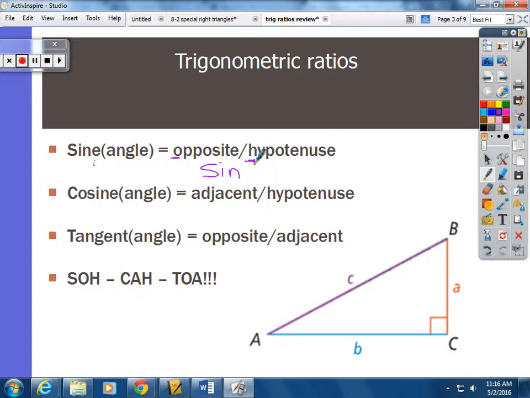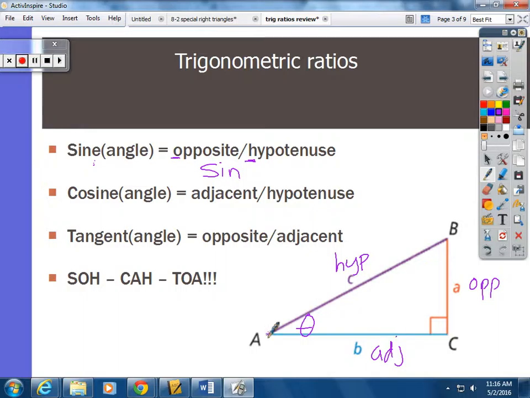If your triangle had an angle theta here at angle A, the hypotenuse would be the side opposite your right angle. The opposite leg is the leg opposite your theta, which would be A. And then the adjacent leg, the leg that's touching your angle, is B.